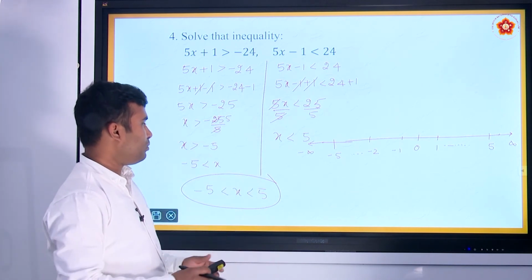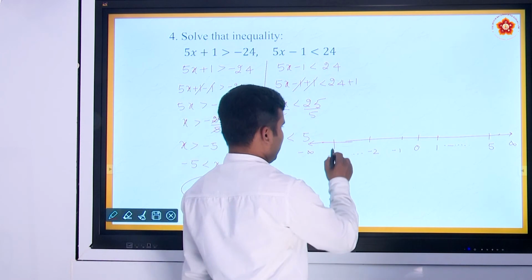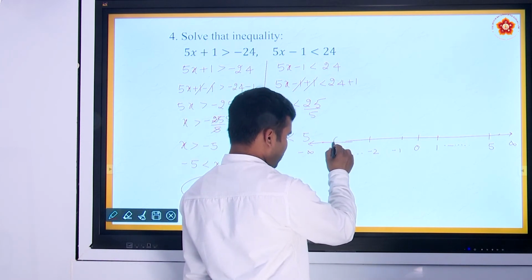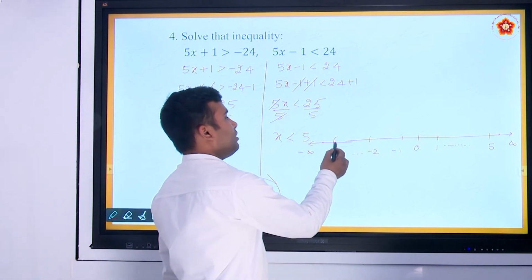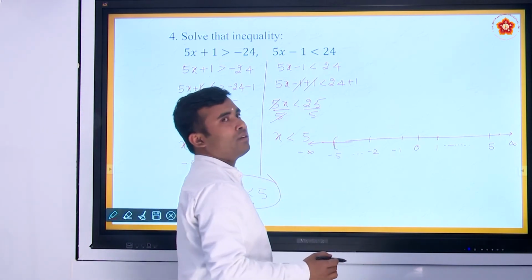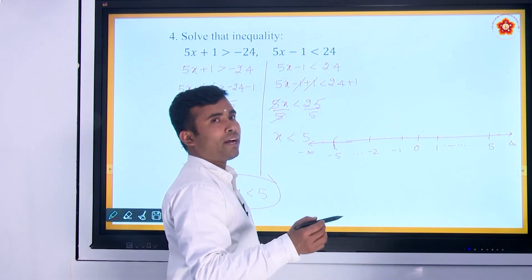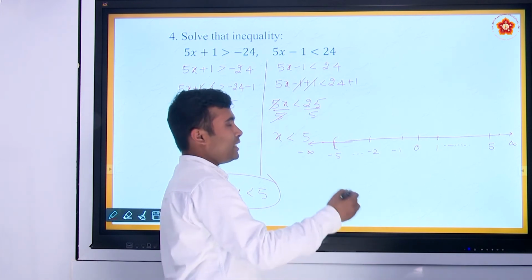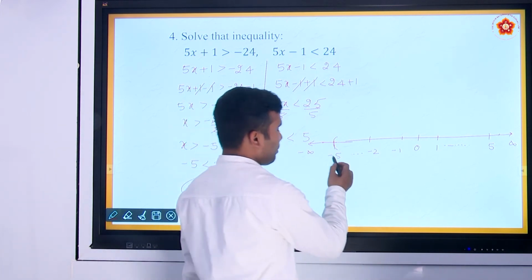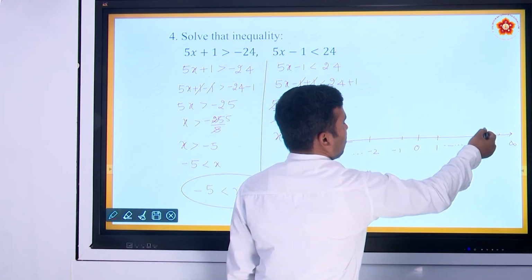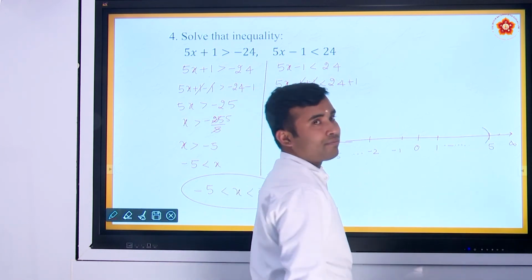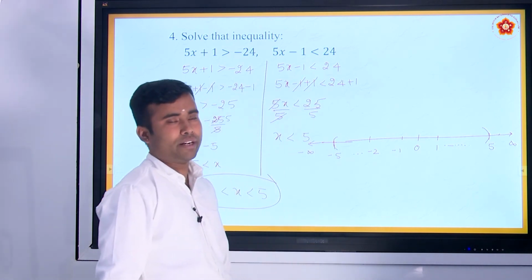Okay, so I can represent that in interval notation. Minus 5 is not included, but minus 4.9, minus 4.5 is included, right? Yes. So exactly minus 5 is not included, and plus 5 is also not included.